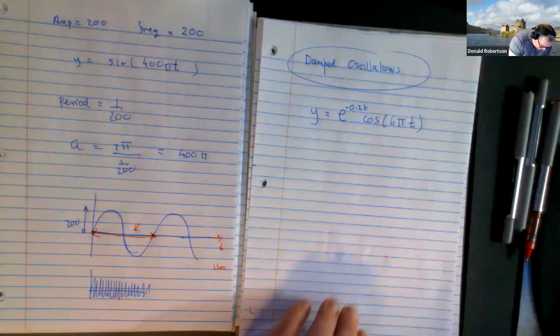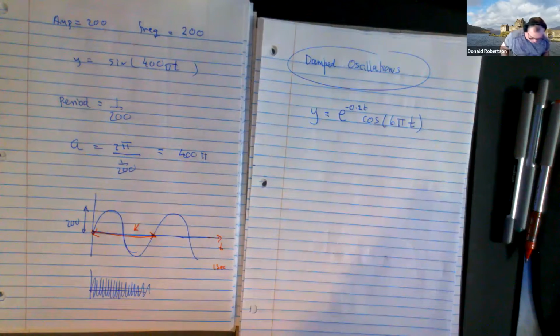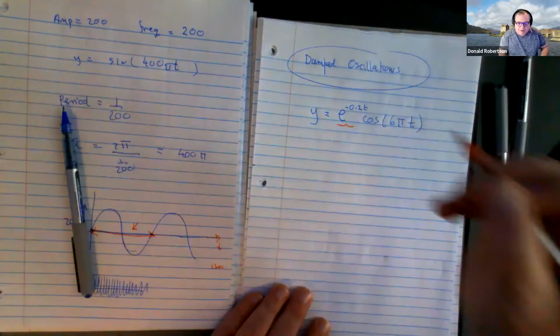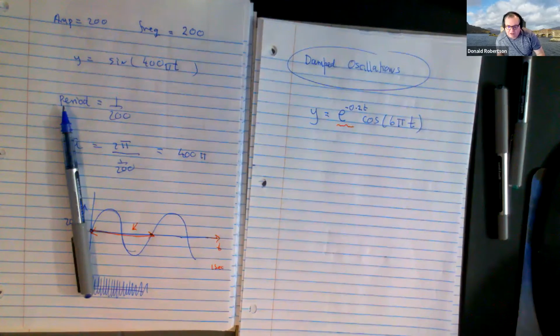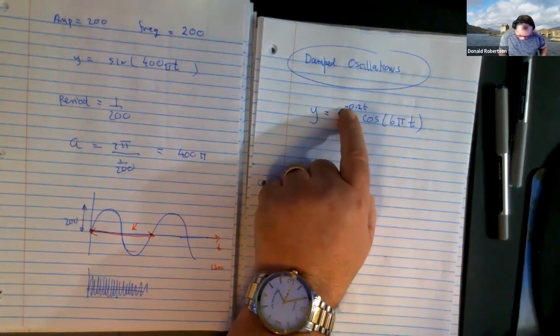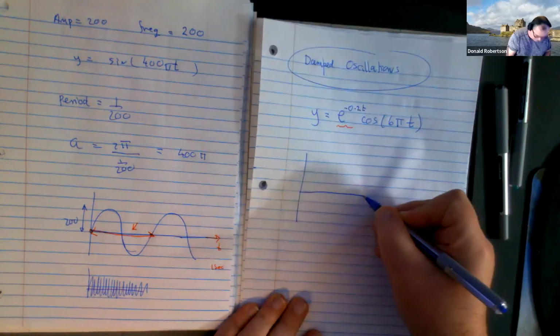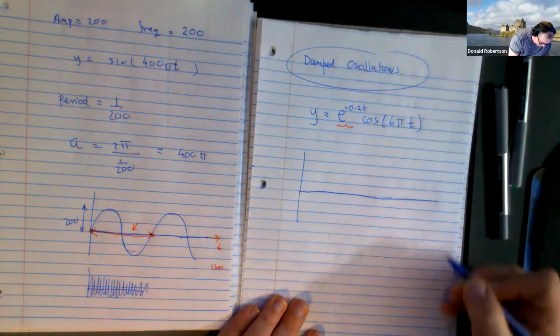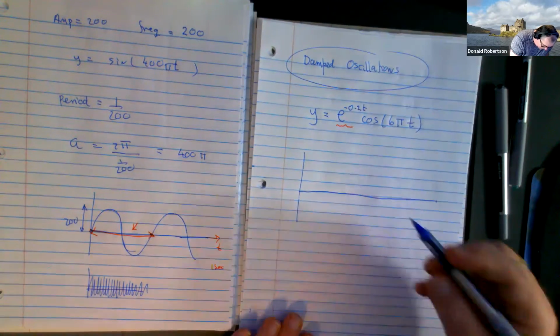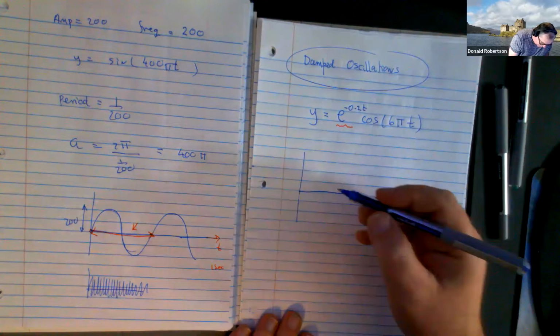They have this extra piece added on. And when this number is in negative power, you have a damped oscillation. If you sketch it, what does this thing look like? It looks something like this.